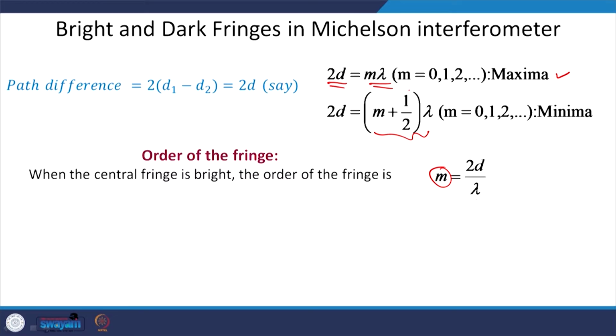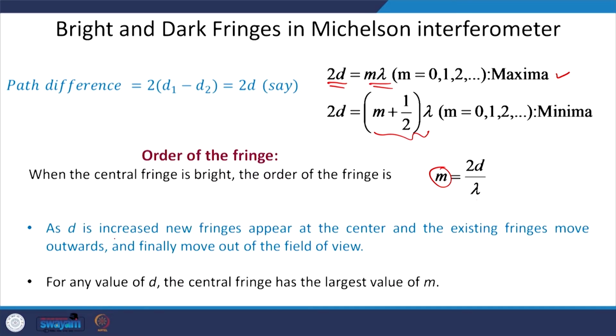If m is equal to 0, then it is the 0th order, then first order, then second order, something like that. As d is increased, new fringes appear at the center, and the existing fringes move outwards and finally move out of the field of view. So, for any value of d, the central fringe has the largest value of m.